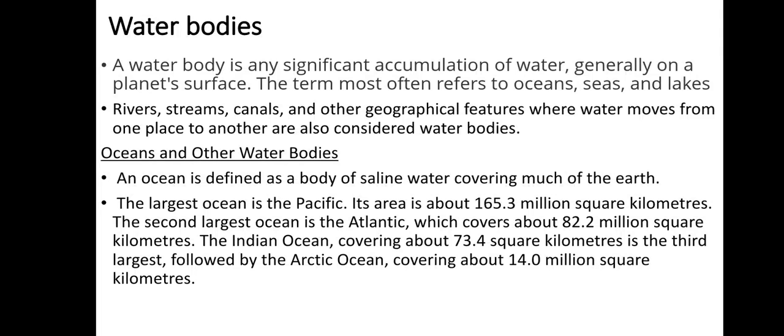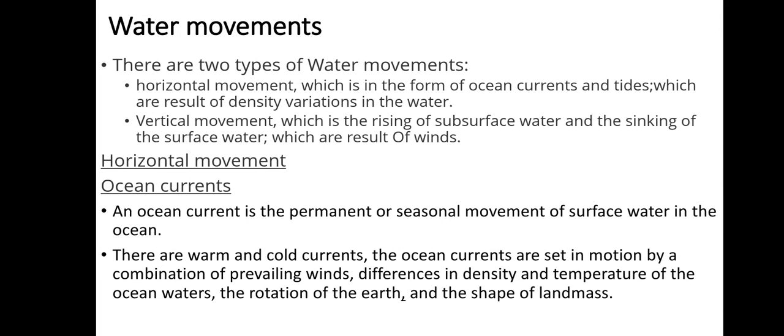Moving on, let's see the water movements. Here we talk about what are the movements that can occur on the surface of water. Now basically there are two types of water movements. The first one is the horizontal movement, and the second one is the vertical movement. When we talk about the horizontal movements, these are movements that are in a form of ocean currents and tides.